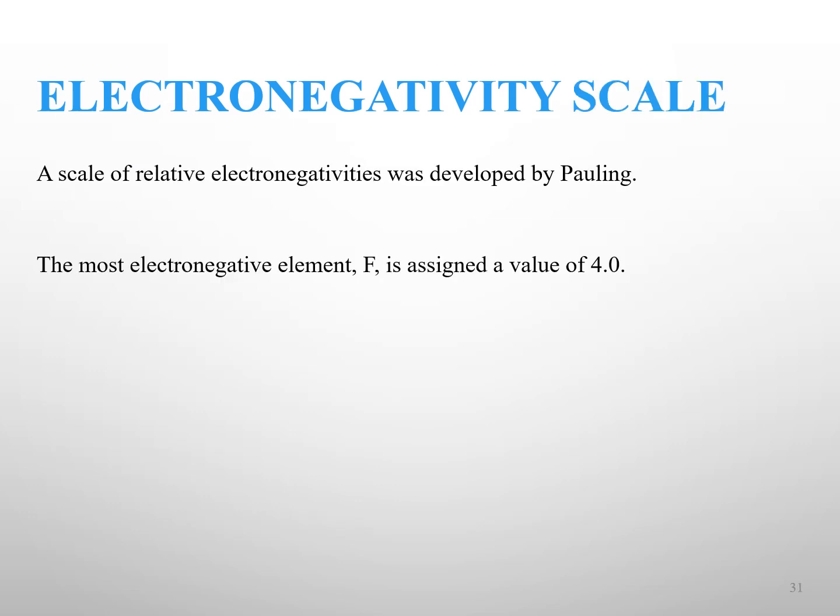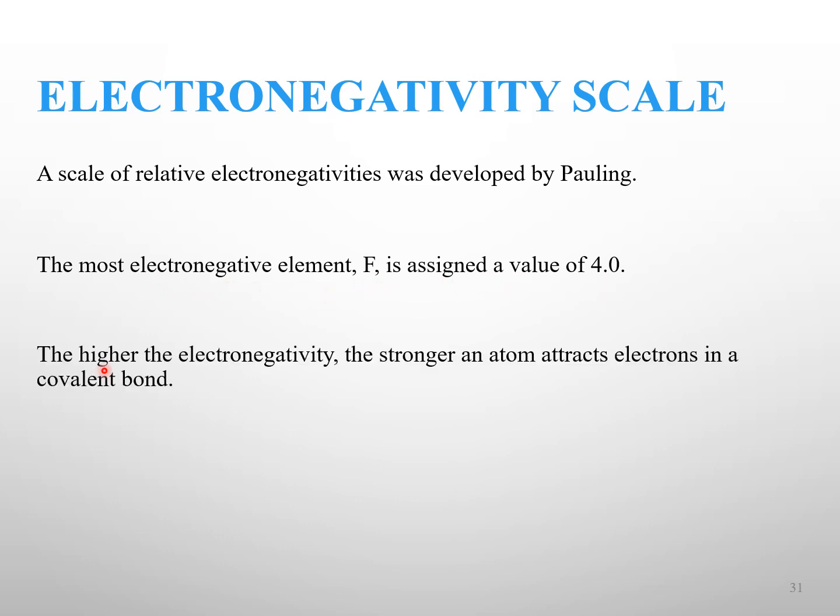Let's check out more on electronegativity. We have a periodic table's worth of it. We have a scale of relative electronegativity developed by Pauling. The most electronegative element, F, fluorine, is assigned a value of 4, and everybody else falls underneath 4 because they're all less electronegative than F. The more electronegative an element is, the more it likes electrons, so the more it will pull the electrons toward its side.